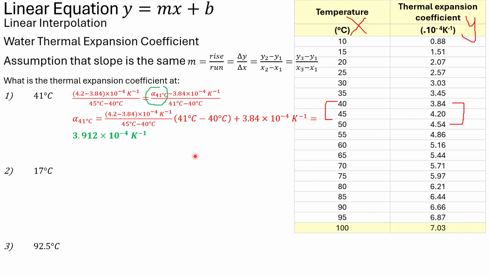Now, a good way to check if you apply linear interpolation correctly is, if you did it correctly, you'll have two temperature values around the value you're looking for, which means the thermal expansion coefficient values must surround this value, right? So 3.912 is between 3.84 and 4.2, so we're in good shape, right? So you always want to double check.